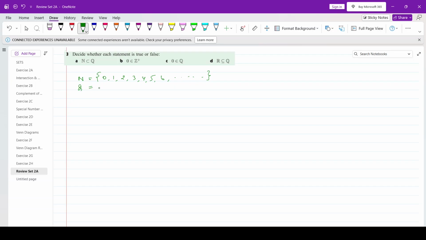Q is a set of rational numbers. And what are rational numbers? They are either of this form, that is a divided by b, where a is an integer, b is also an integer.